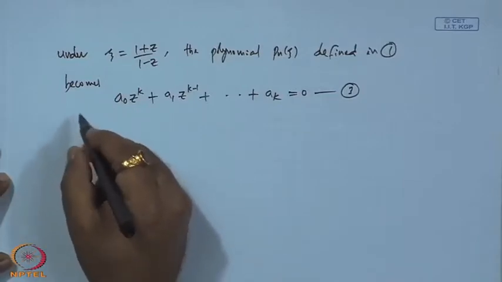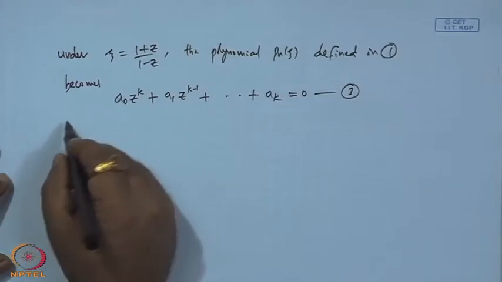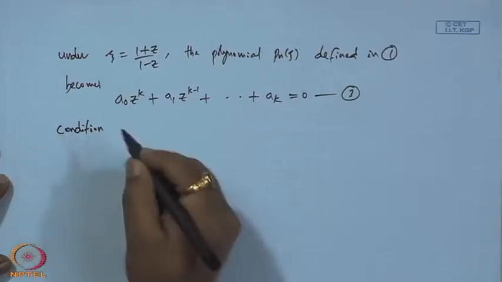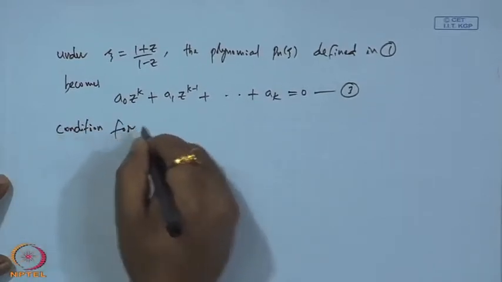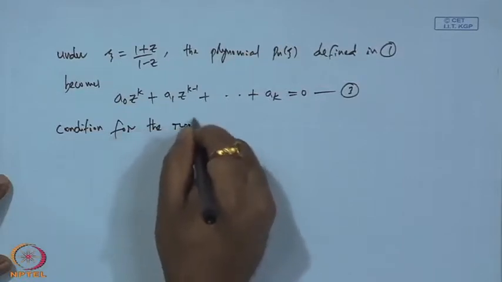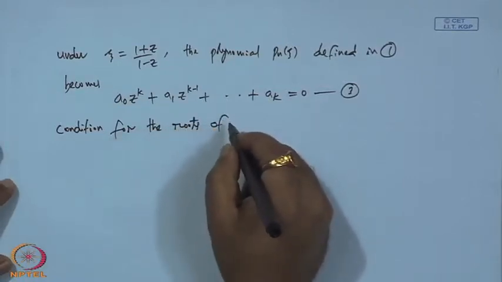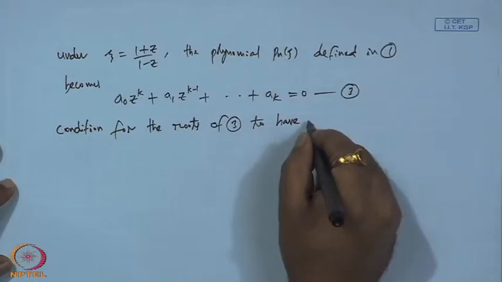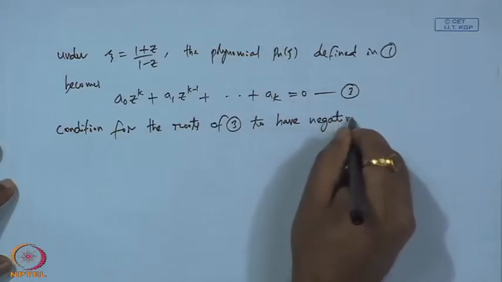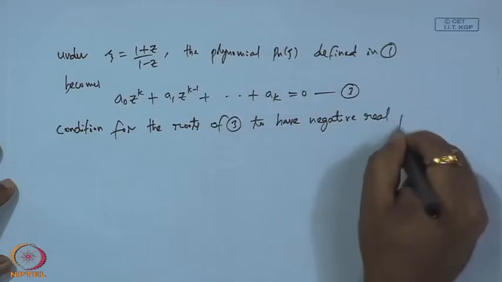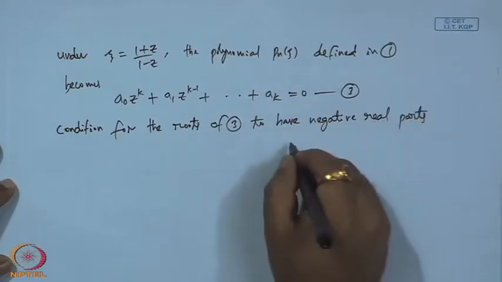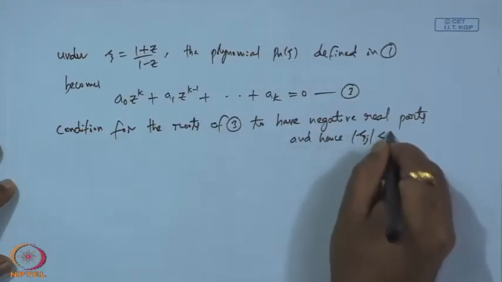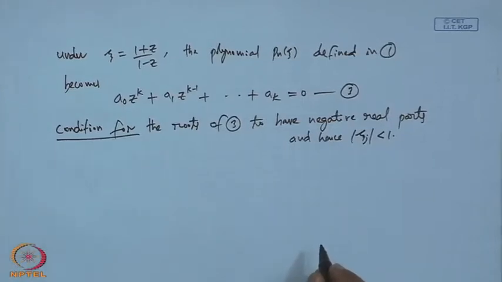So, now what we need is a condition for the roots of 3 to have negative real parts, and hence this is what we are looking for.